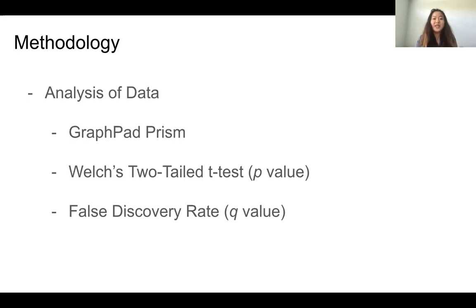While I was able to do these Welch's two-tailed t-tests for both the behavior and the cerebral blood flow, I had to do an additional test, this FDR test, because both the gut microbiome and the metabolic profile data sets were very, very large. When there were over 500 metabolites, even a p-value of 0.05, that 5% chance that it is by chance, isn't strong enough to say that out of those 500 metabolites, so many are significant, because even in 500, 5% is still a lot of metabolites.